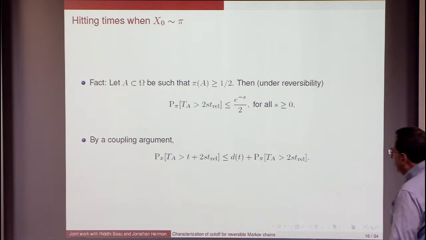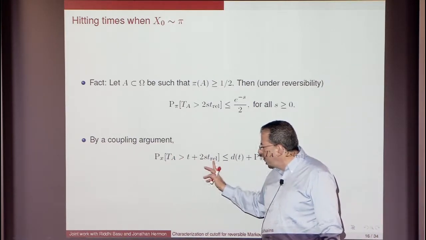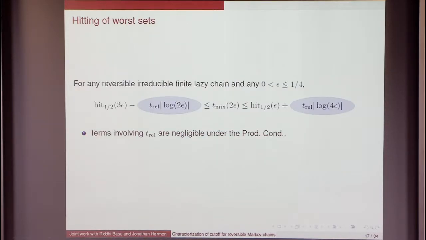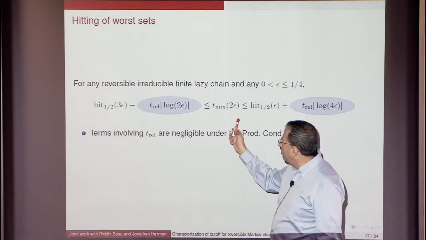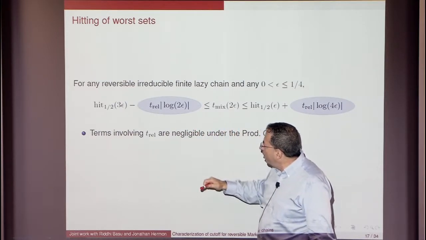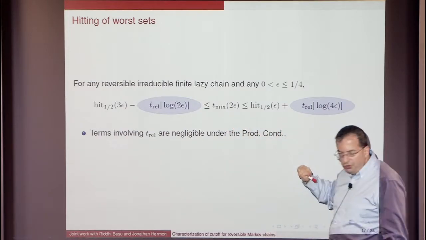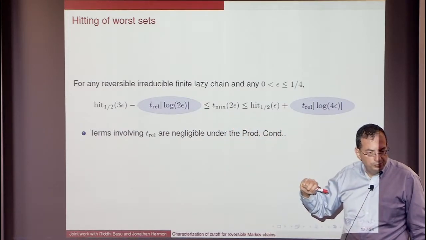So it means we can easily control hitting times by mixing times, but that's not the interesting direction. This is really for completeness. And the interesting direction is the other bound that I want to emphasize more. So let's look at T mix of 2 epsilon. Okay, it's bounded below by a hitting time, but let's focus on the interesting thing, which is the upper bound.